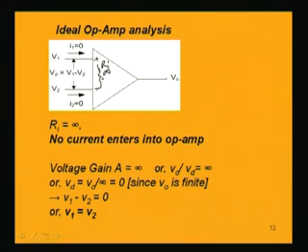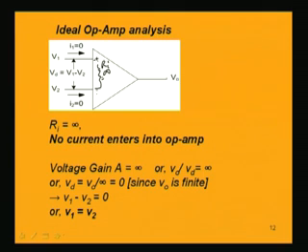This is an important inference which we will be using in all our further analysis. This is the first principle you will have to use when analyzing an op amp circuit: the ideal op amp has the current entering into the op amp as 0.